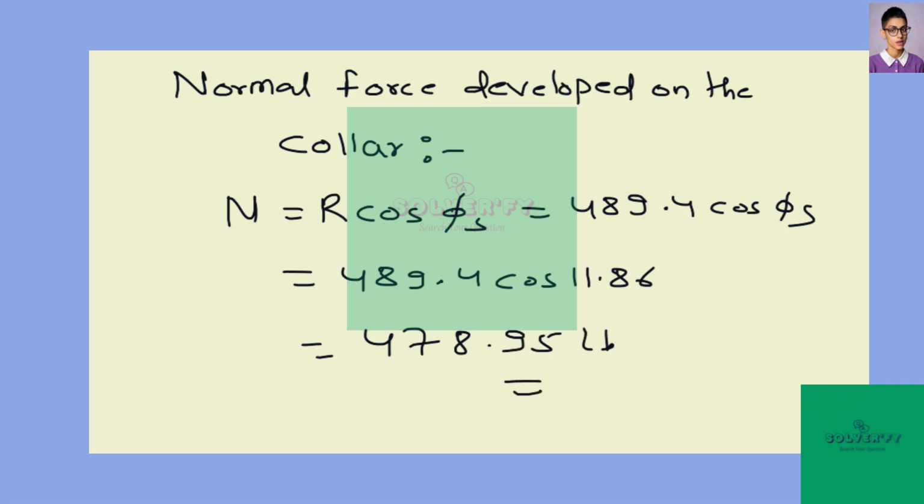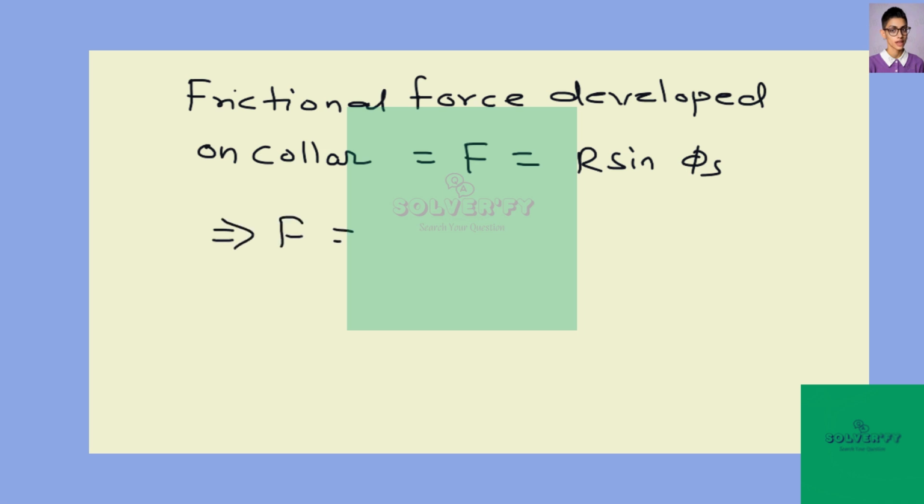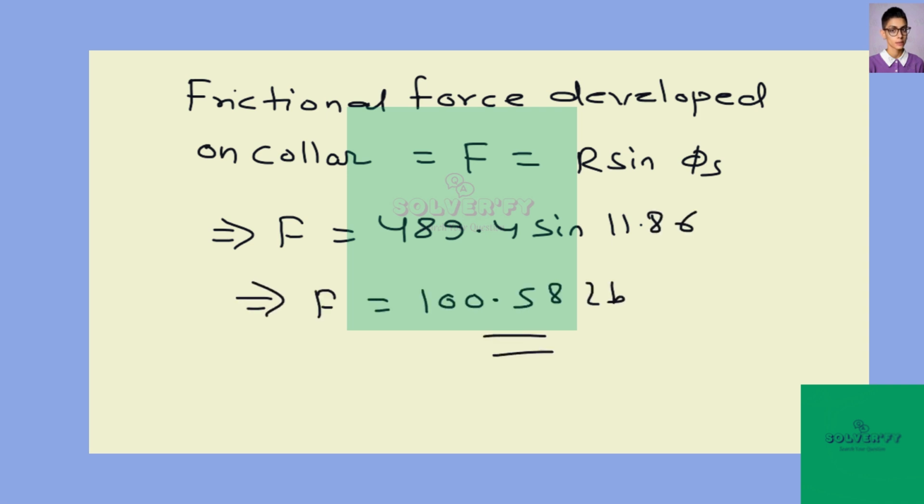So N is 478.95 lb. Now going further, friction force developed on collar is equal to F is equal to R sin phi s. So on putting the given data and calculated data, we get F is equal to 100.58 lb.